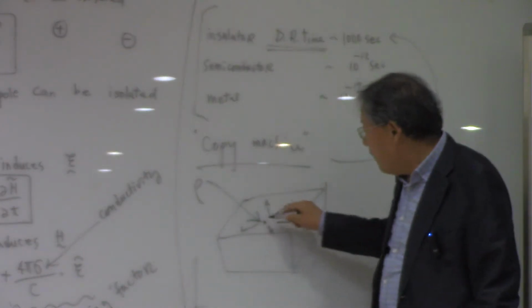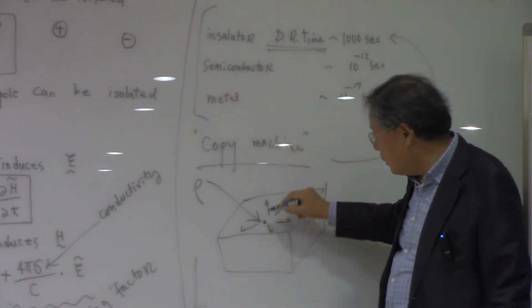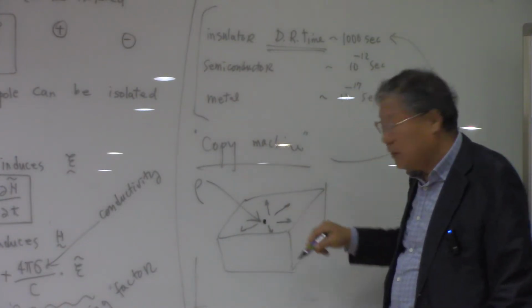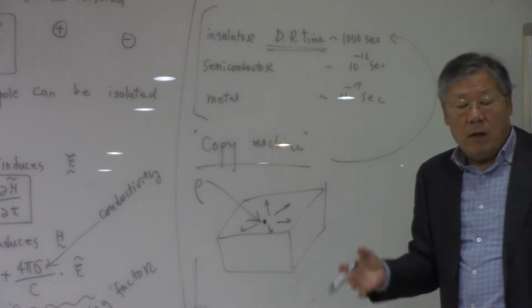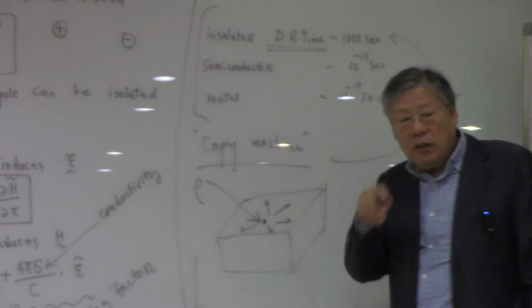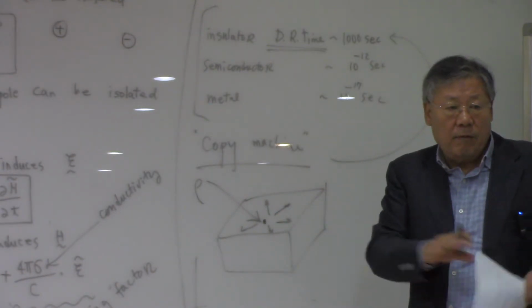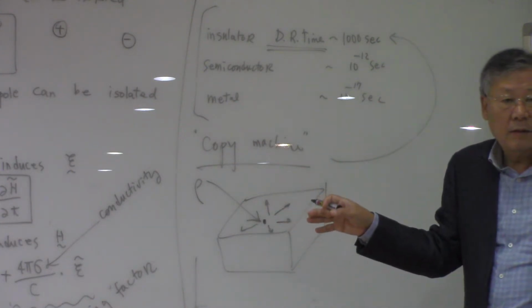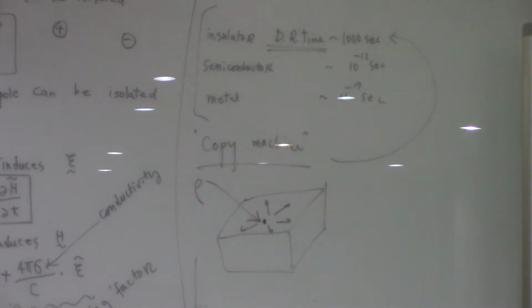In the case of an insulator, the dielectric relaxation time is 1,000 seconds. It means that for 1,000 seconds, if you inject these charges into the material, they stay there before spreading out, right? So that's how we can use insulators for the copy machine.